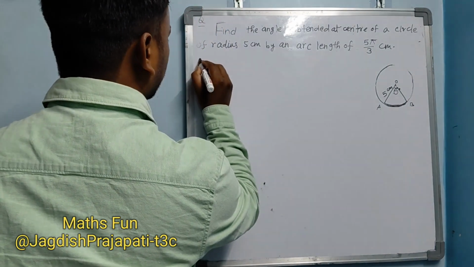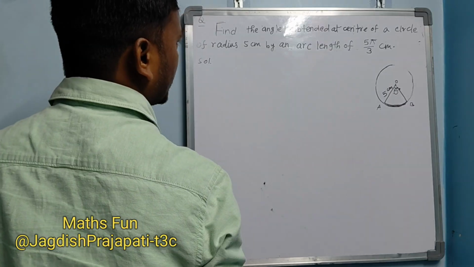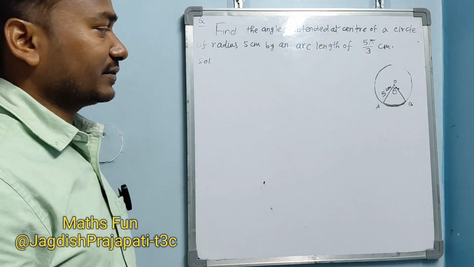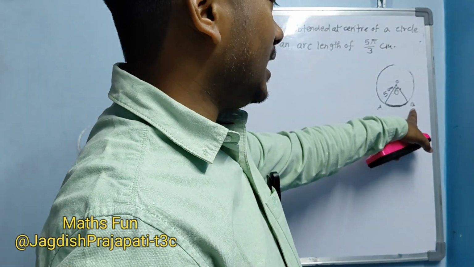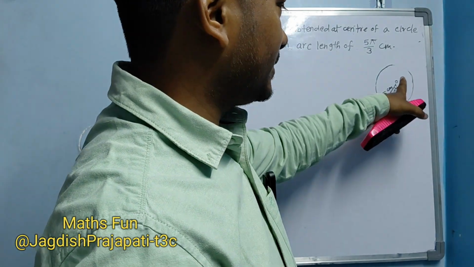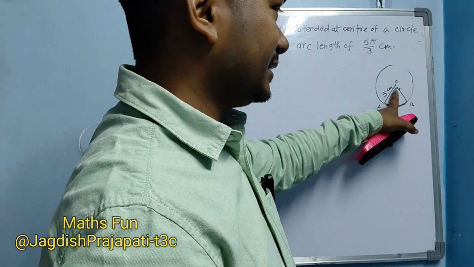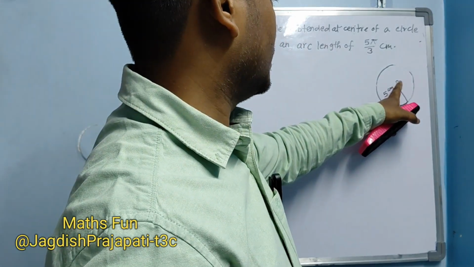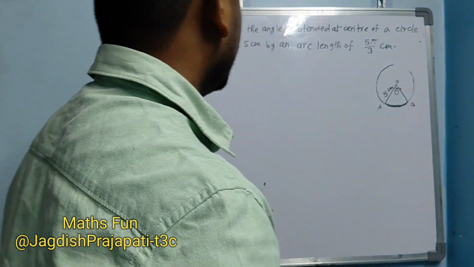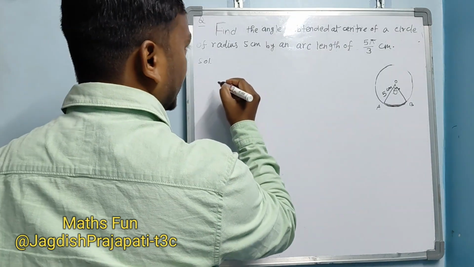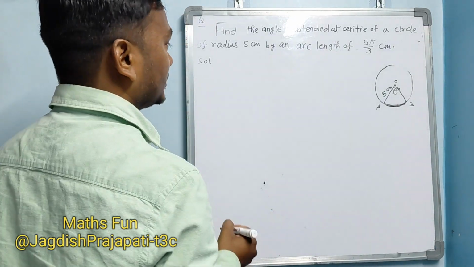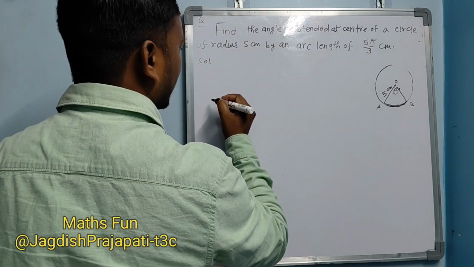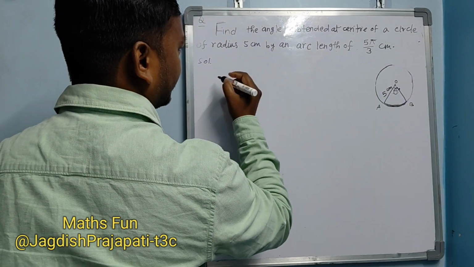So as a solution, what you should write: let AB be the arc that subtends angle theta degrees at the center of the circle. According to the question, it is given that, now you can start writing from here.